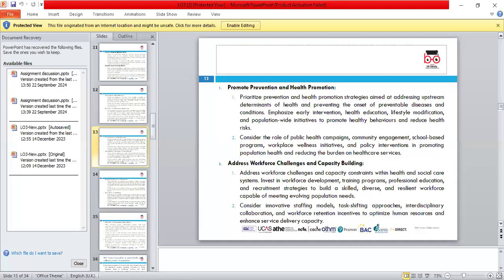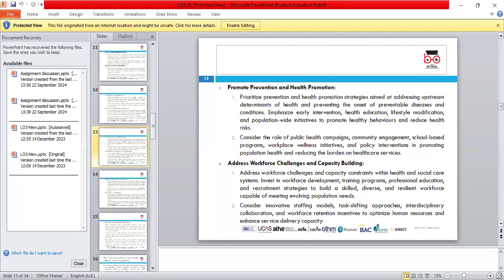Promote prevention and health promotion. Prioritize prevention and health promotion strategies aimed at addressing upstream determinants of health and preventing the onset of preventable diseases and conditions.